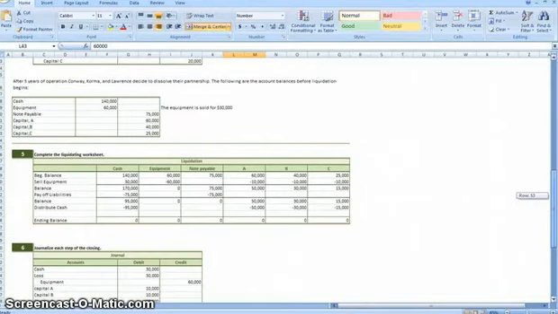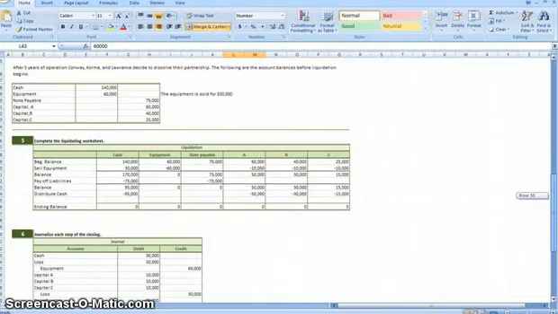In the last part of the problem, we are going to dissolve the partnership, and I have a trial balance here. It shows the cash and equipment, notes payable, and then the capital accounts at the point of liquidation. And so I just plug those balances down into the worksheet.